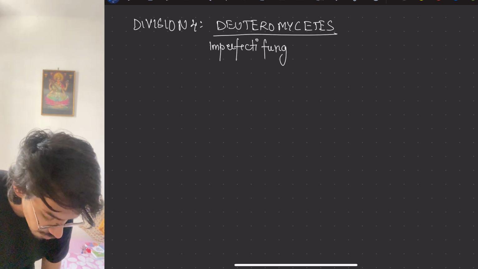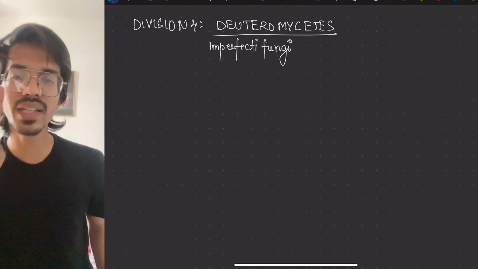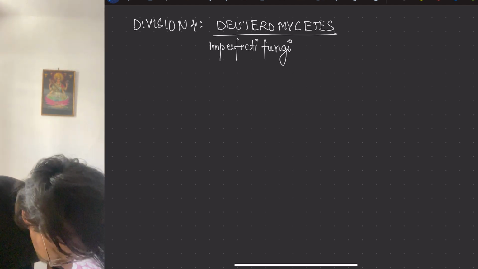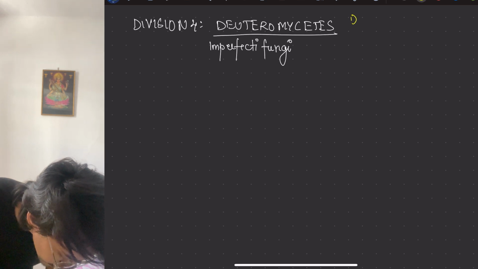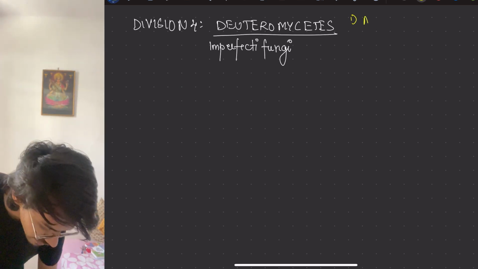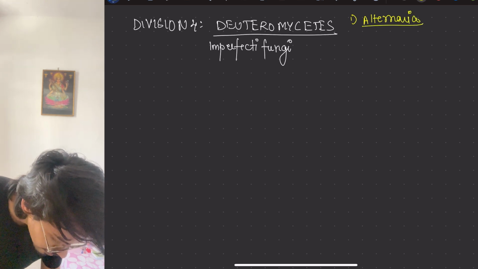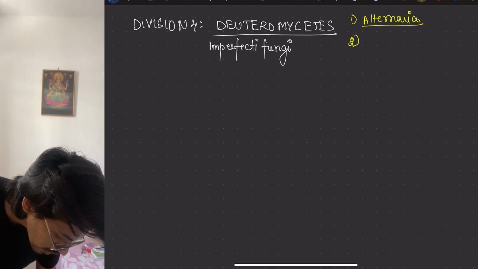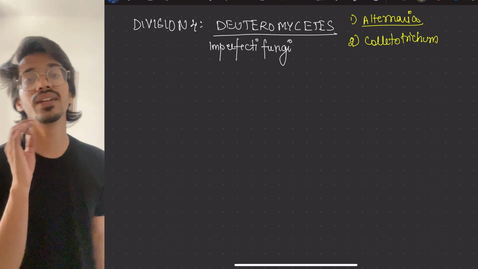Now, the next most important thing in any topic is what? Remembering the examples. So here 3 examples are there. Number 1 is Alternaria, whose diagram is not given in NCERT. Just the name you have to remember. Alternaria, Colletotrichum, and the third one is Trichoderma. Now this Trichoderma is very important because in 12th class its name comes up in different chapters.